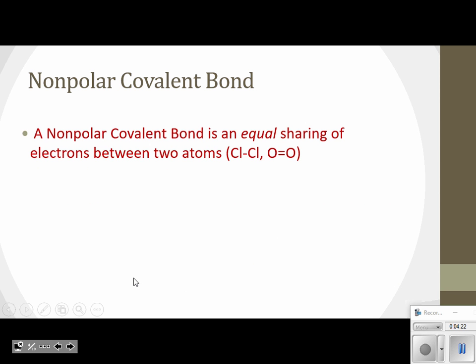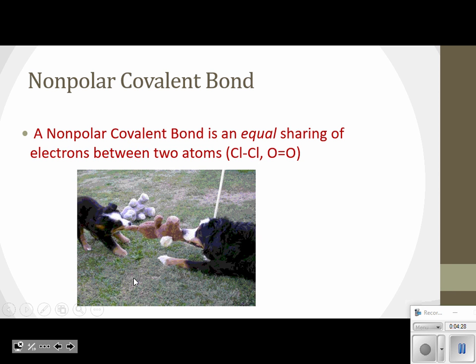In a nonpolar covalent bond, there is an equal sharing of the electrons. Okay? An equal sharing. So in my tug of war, nobody's winning. If we look at chlorine, okay? Chlorine's a diatomic molecule. We hit briefly on the Super 7 yesterday.